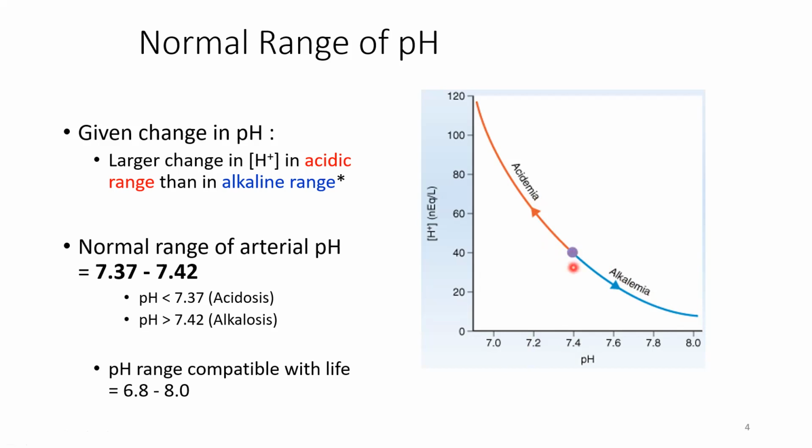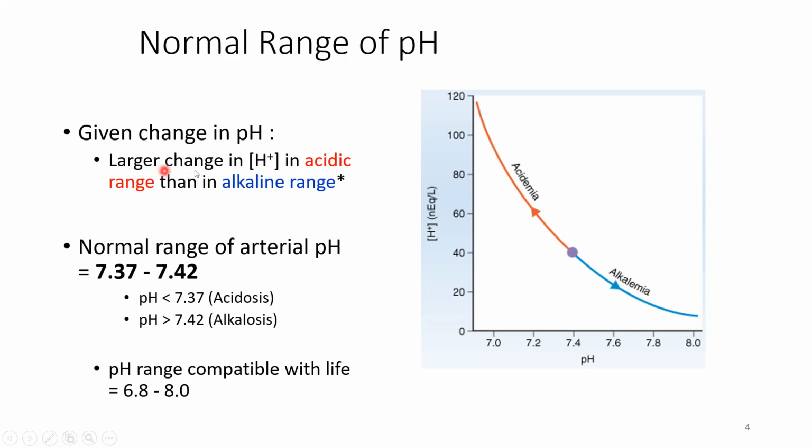If you drop this pH and just follow the graph from 7.4 to 7.6, you have a change of hydrogen ions approximately equal to 15 equivalents per liter. However, if you do the same amount of change and decrease the pH from 7.4 to 7.2, the amount of hydrogen ions involved here is 23 milliequivalents per liter.